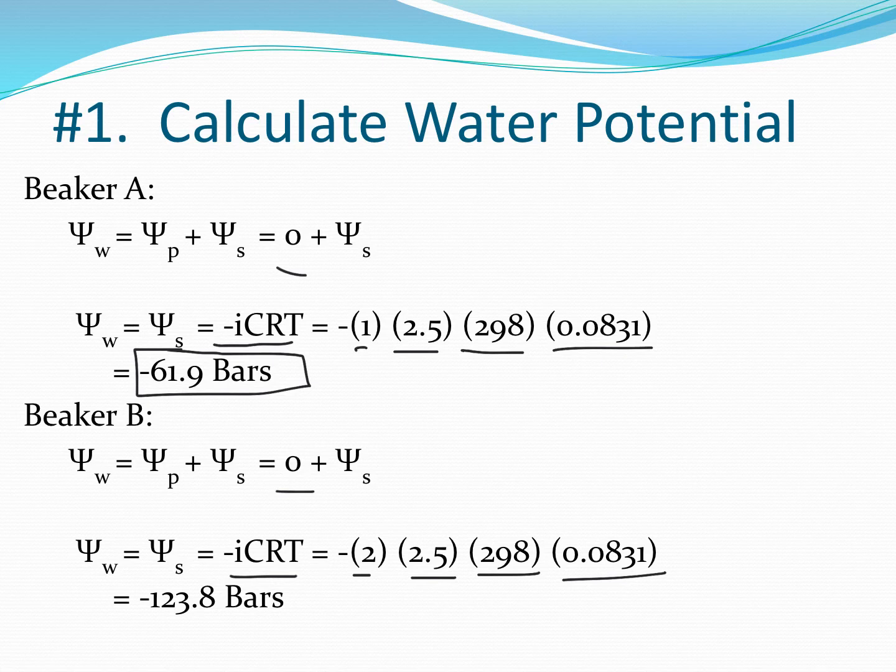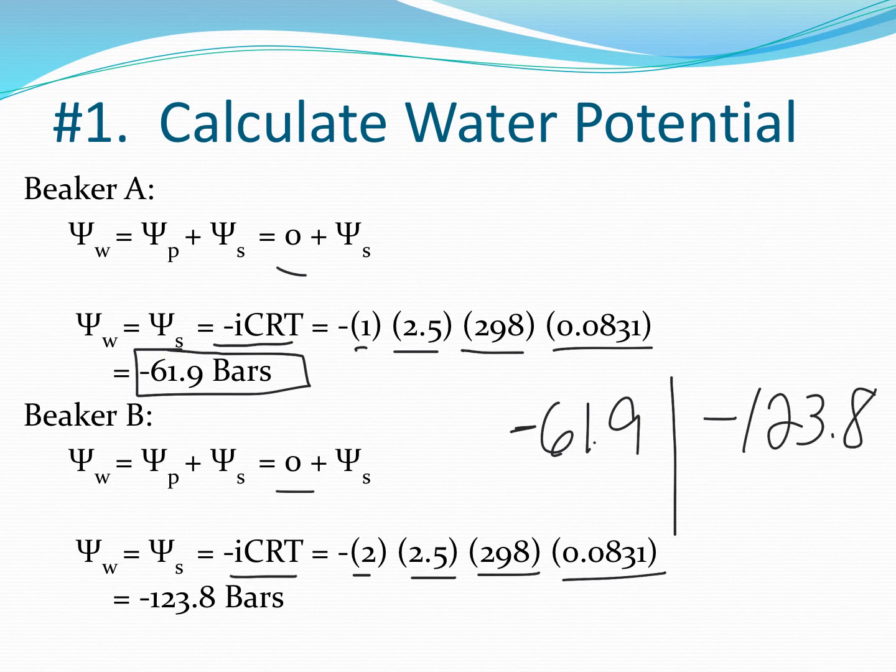So what that means is, ask question number 2, where I asked if they were connected by a permeable membrane that only water could go through, would water move from A to B or from B to A? So A is negative 61.9, B is negative 123.8.